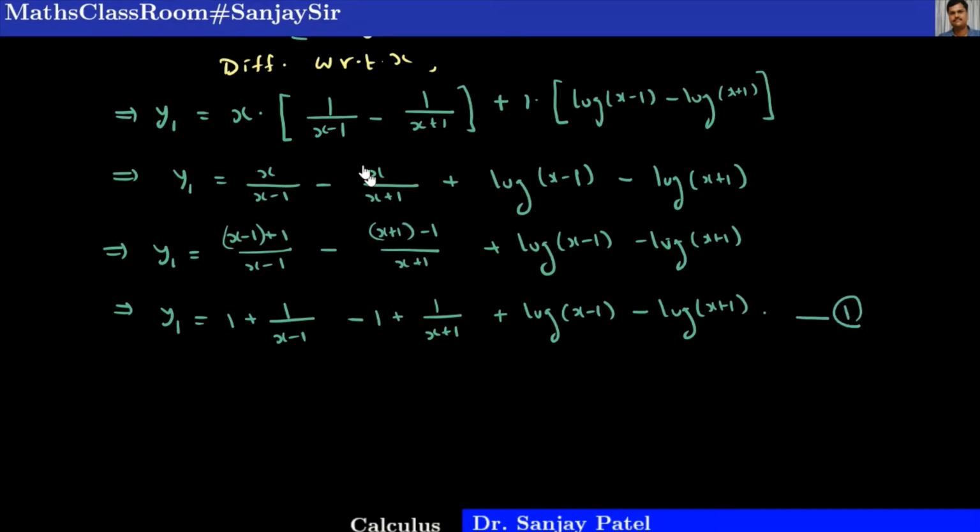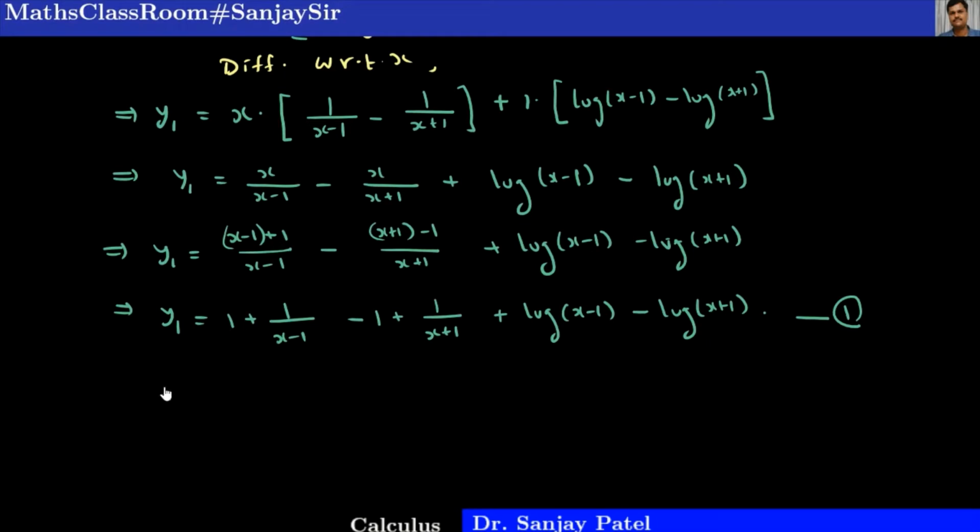Now if I want to find the nth derivative of the function y, what should I do? I should take the (n minus 1)th derivative, because one derivative is already obtained, y1 is already obtained. So if you want the nth derivative of y, you need to find the (n minus 1)th derivative of this function y1.